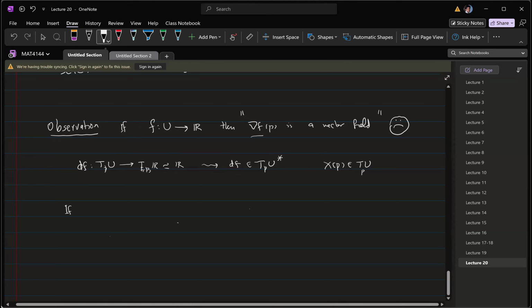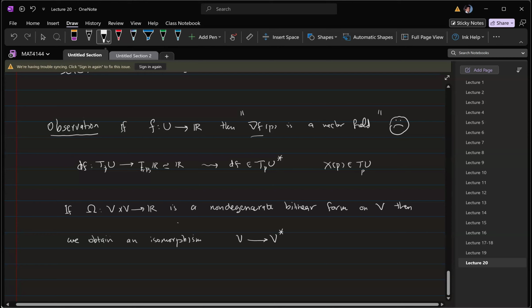If omega is a non-degenerate bilinear form on V, then we obtain an isomorphism, maybe I call it tau omega, again without any reference to bases.